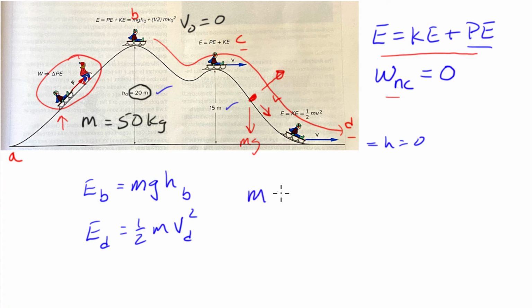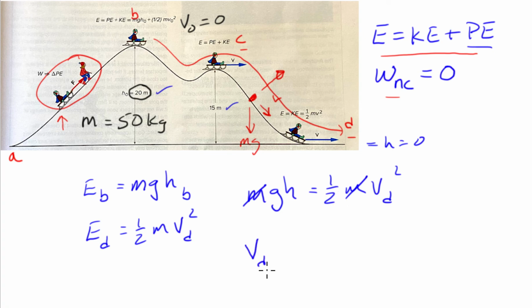So it must be true that mgh equals 1/2 mv squared. This is going to be a bit easier to solve. The m's divide out because there's one in each of them. Multiply both sides by 2 and take the square root.